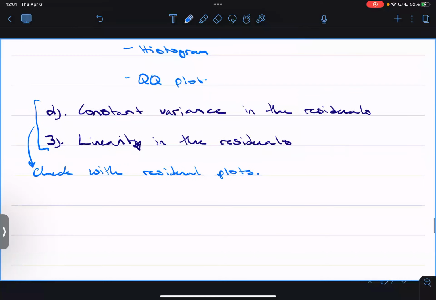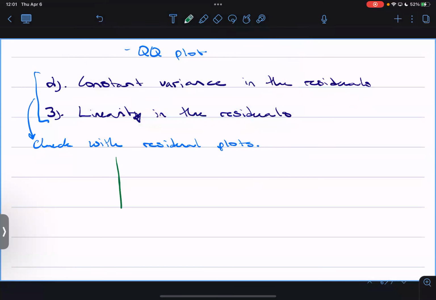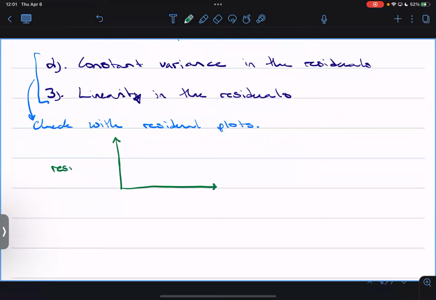Now a residual plot looks like this. You're going to have your residual on the y-axis. Depending on what you're doing, usually we put the explanatory variable on the x-axis, but sometimes it's the fitted value. For us, let's say it's always the explanatory variable, just for simplicity's sake.